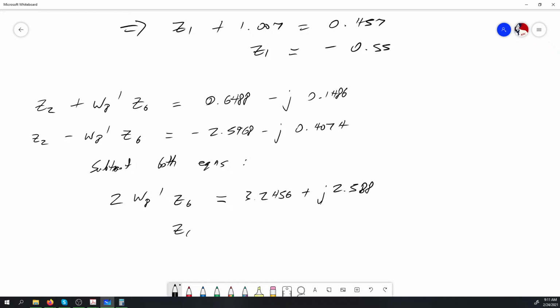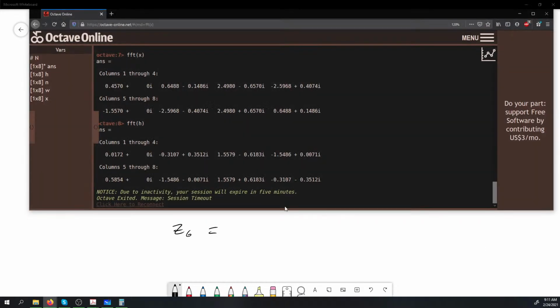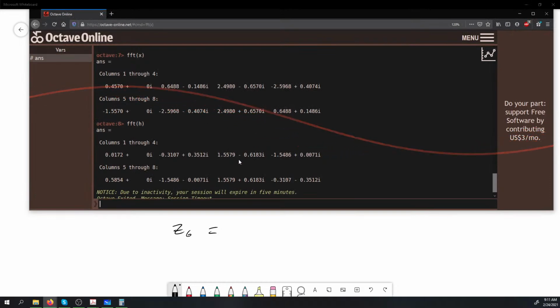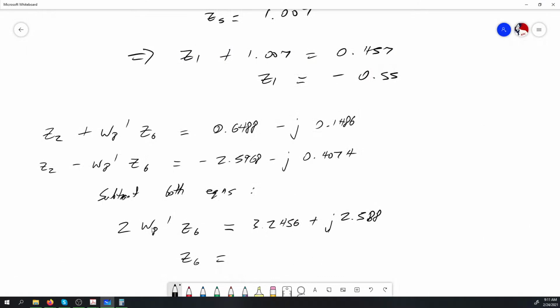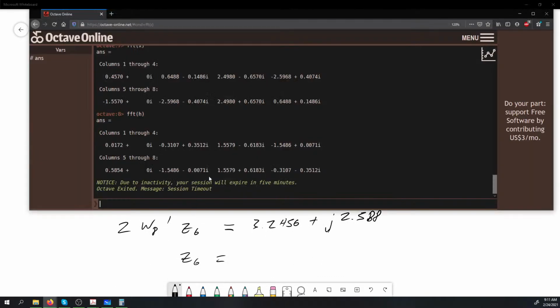And then we can just solve for Z6 here if we use Octave. So I'm just going to bring back Octave here. We have a W8 of 1 factor here, which we can calculate. So this W8 of 1 is going to be exponent of minus j by 2 by pi by 1 divided by 8.